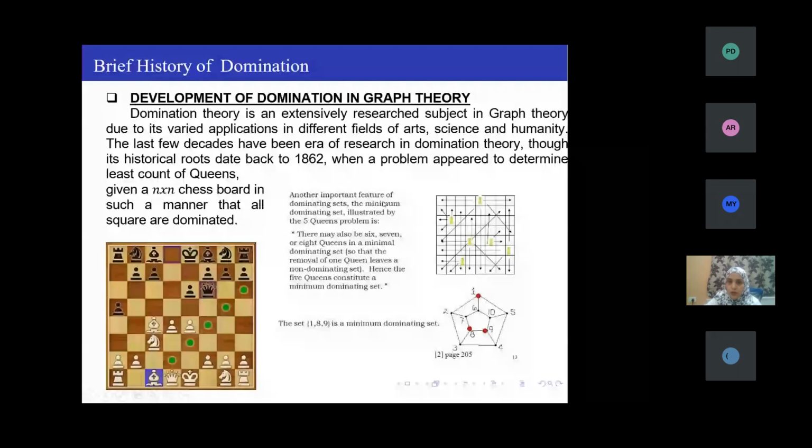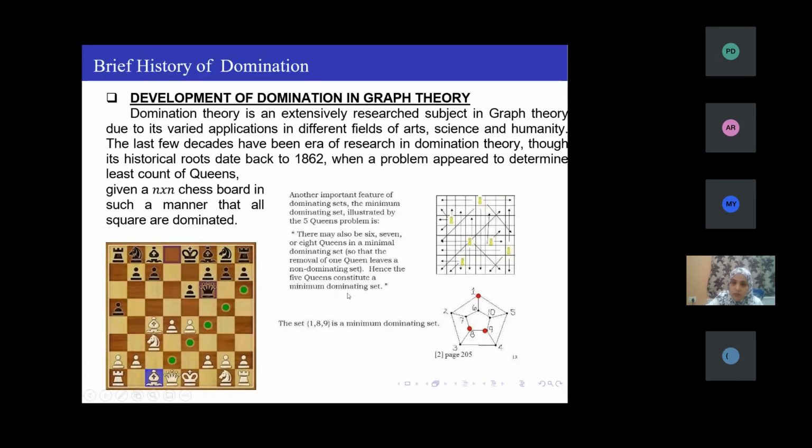Another important feature of dominating sets is the minimum dominating set. In the domination of graph theory, we have a minimum dominating set as well as a maximum dominating set. There may also be 6, 7 or 8 queens in a minimal dominating set.